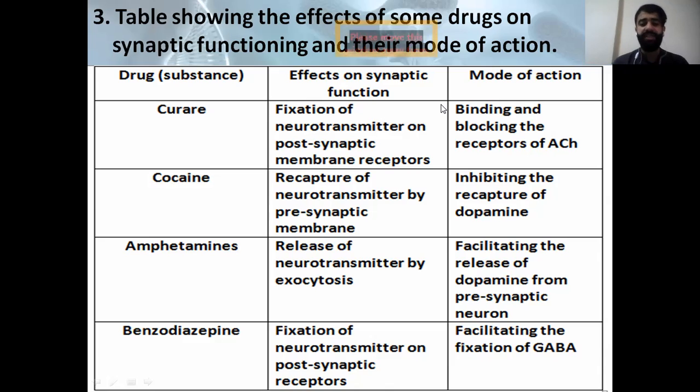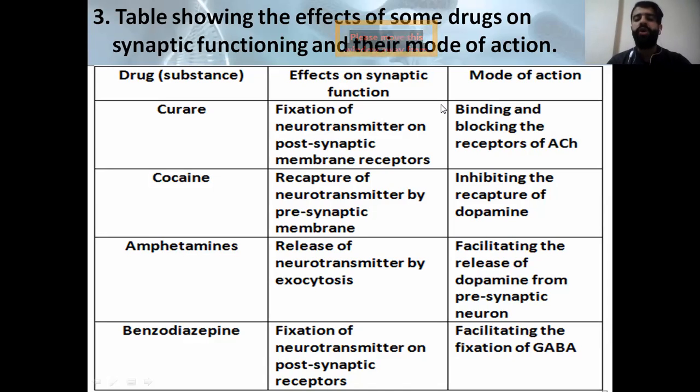Amphetamines work at the level of the release of the neurotransmitter by the process of exocytosis. What do amphetamines do? They facilitate the release of dopamine from the presynaptic neuron.